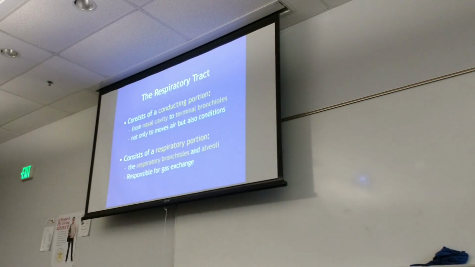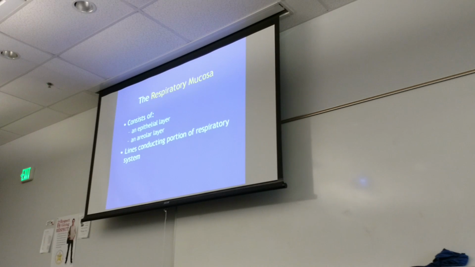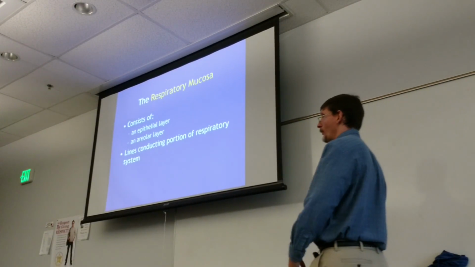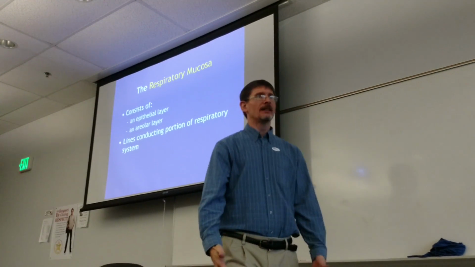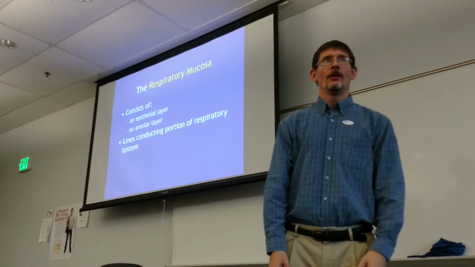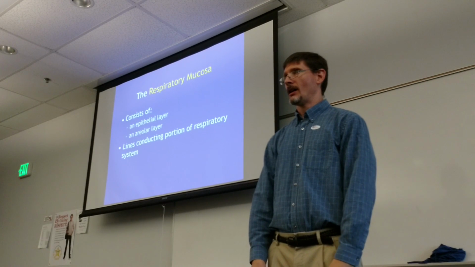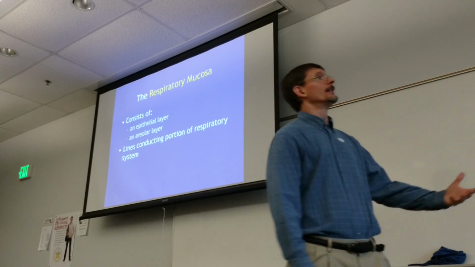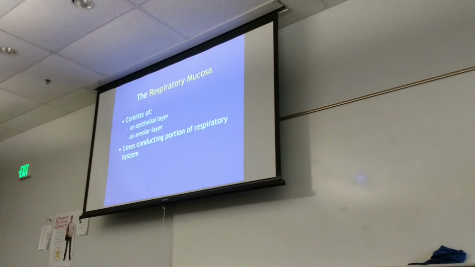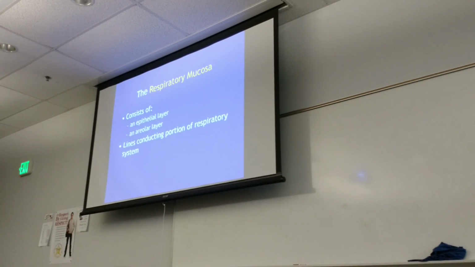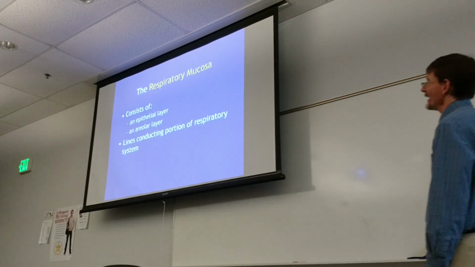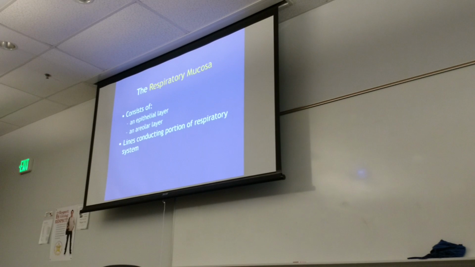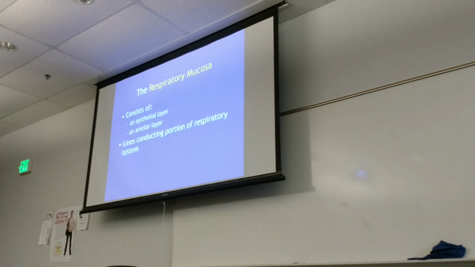All right. Now, one of the things that is definitely going to allow the respiratory portion to do the gas exchange is that this is the area where you have the respiratory membrane, where you've got an extremely thin epithelial layer and a relatively small areolar tissue layer that is going to ensure that you can actually exchange gases.